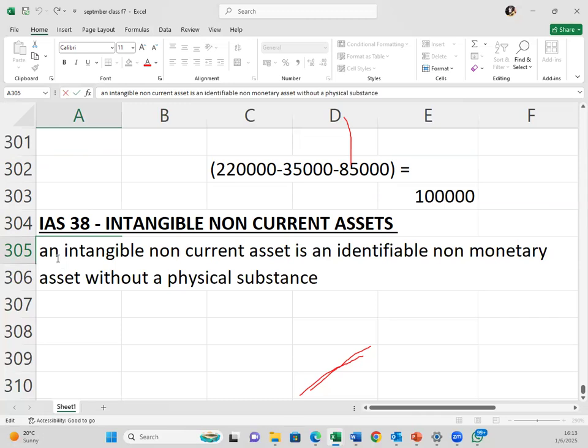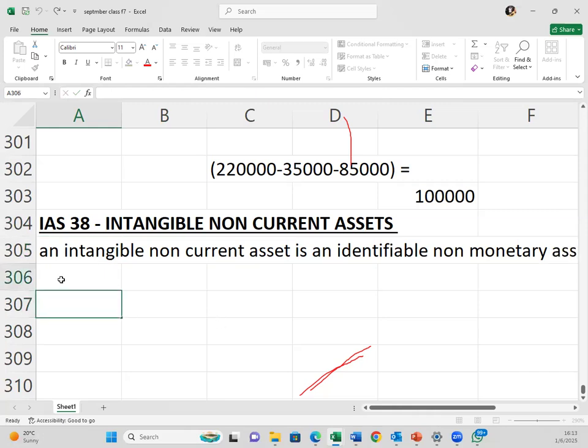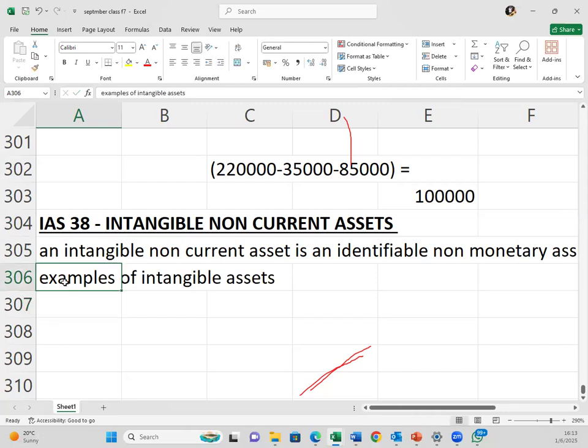So let's have examples of these assets. Which are the intangible non-current assets that you know of? You did this in your earlier studies, I assume. What examples of intangible assets? Hello, can I have the answers, please?